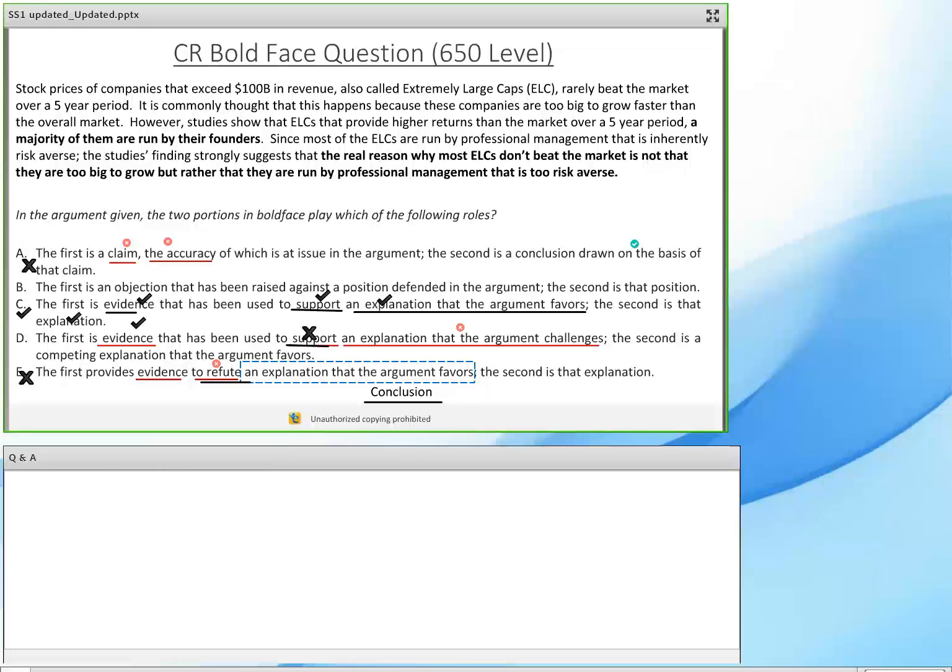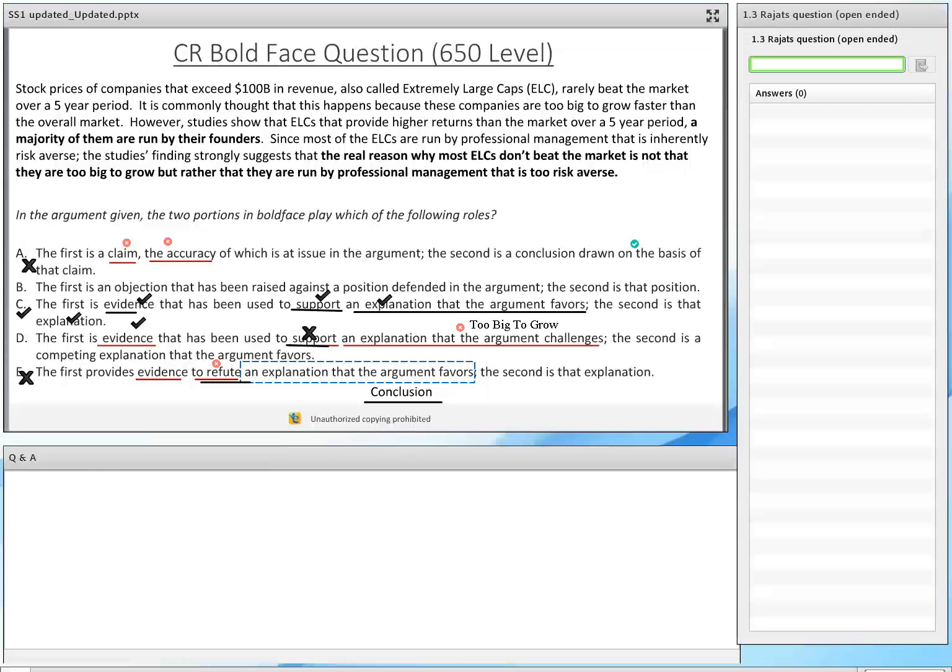And forgive the caps over here, guys. It was easier. That's how it came out first for me. So an explanation that the argument challenges is too big to grow. And you read statement number 1 and ask, does it support too big to grow? Does it make me believe more in the fact that ELCs are too big to grow?